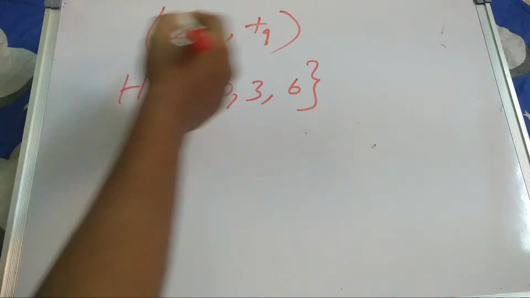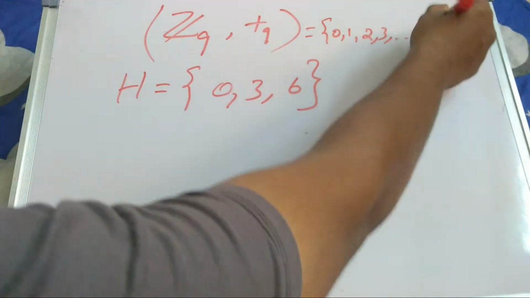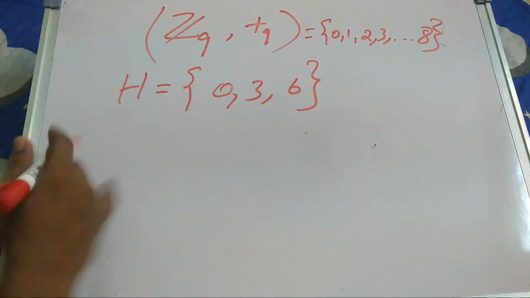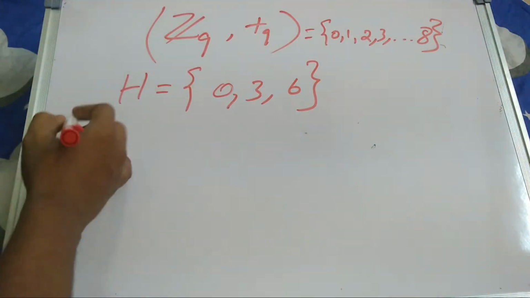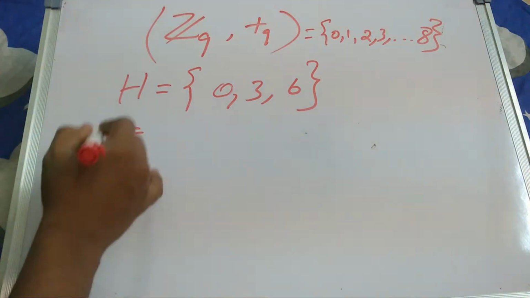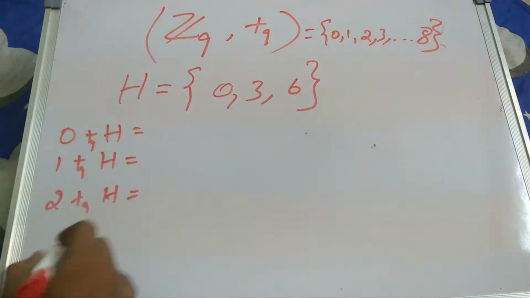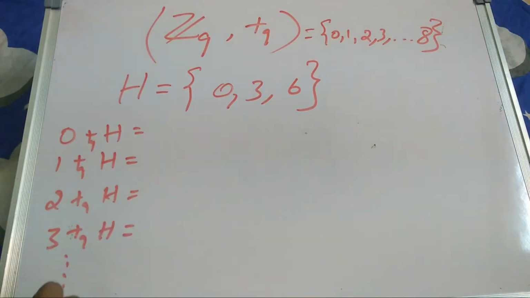So first, this will have 0, 1, 2, 3, etc. up to 8. The first aim is to find all the left cosets. So what will be the left cosets? 0 plus H, 1 plus H, 2 plus H, 3 plus H, etc., till 8 plus H, where the operation is addition modulo 9. Please calculate all these.